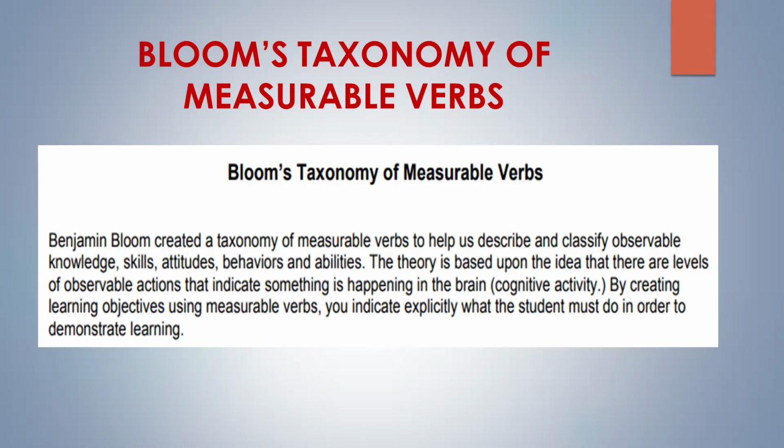Like, for example, 20% questions should be from knowledge, from remembering. Then we have 30% questions from understanding. Then there should be maybe 30% questions from application. And then you have to see how many questions you're going to add from analyzing, evaluating, and creating.